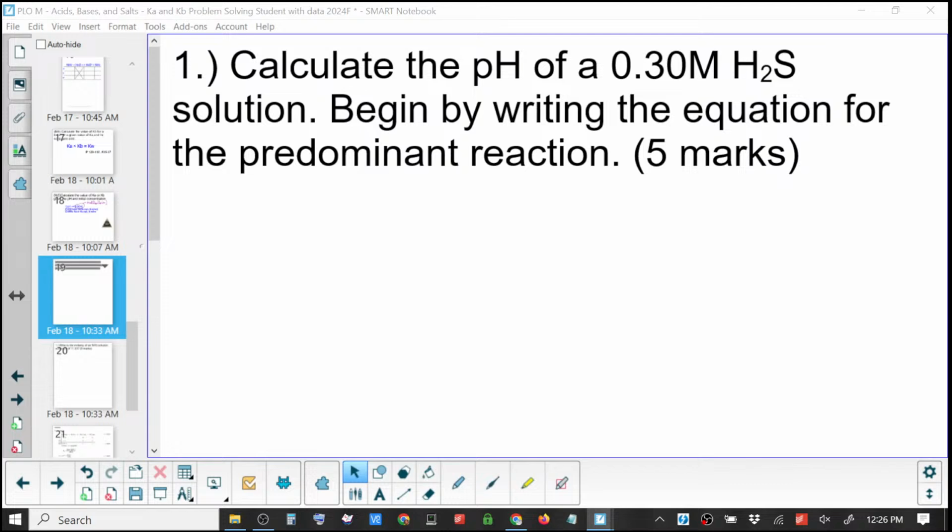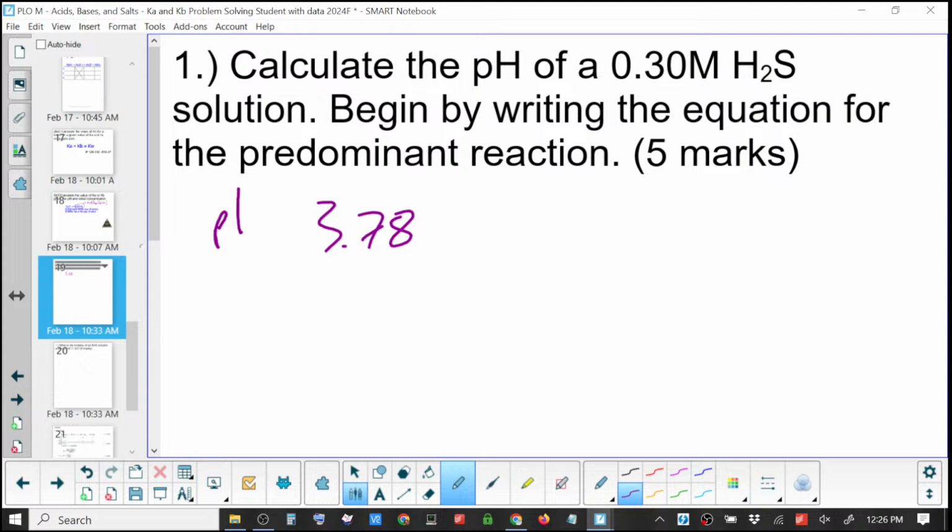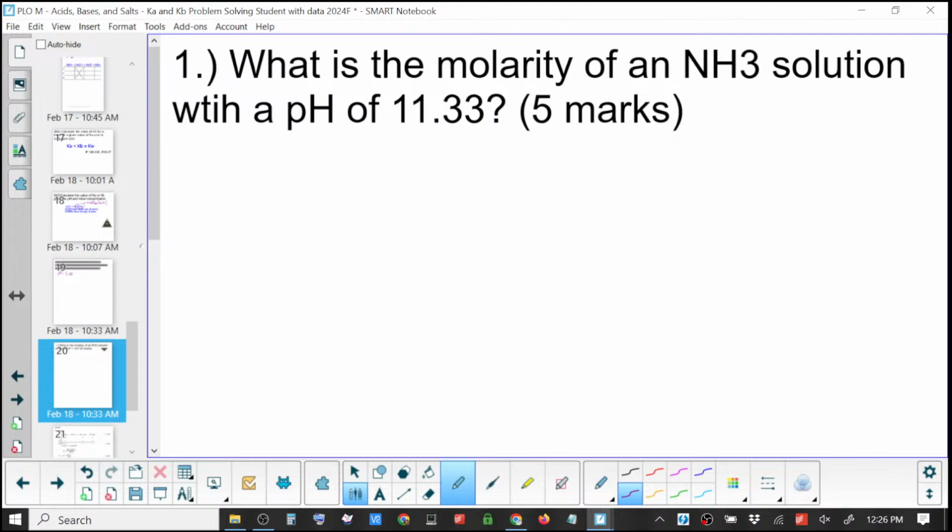Now for this one, show me your work, but you will know that you got the right answer if you got 3.78. So to get from pH to there, and then try that one. Yeah, so pOH. This should be on this side, because it only goes one way. So this has to be this one.